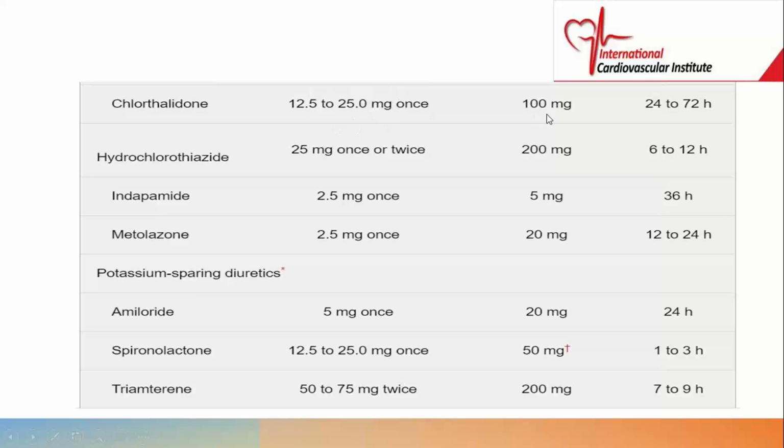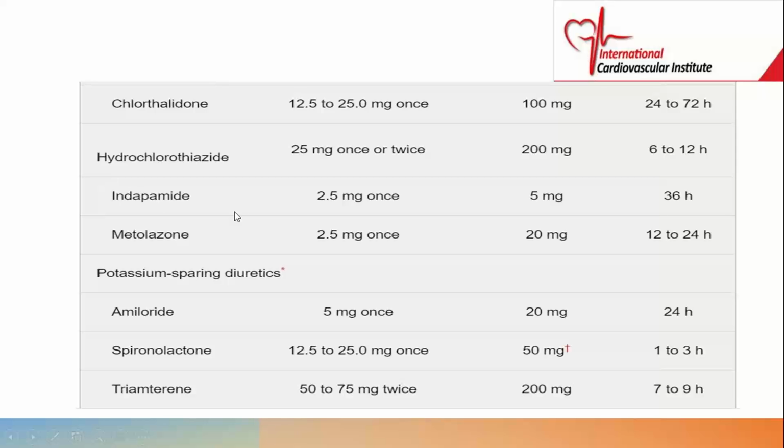You can go as high as 100 milligrams. It lasts a long time, 24 to 72 hours. So this is a very good blood pressure medicine. Hydrochlorothiazide, again, starting dose 25 once or twice per day, up to 200. Duration of action 6 to 12 hours.